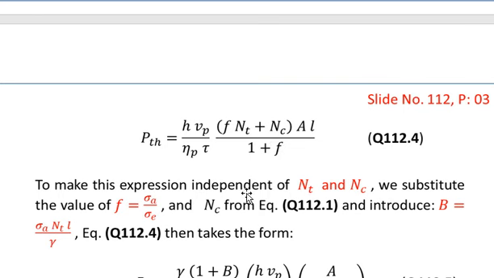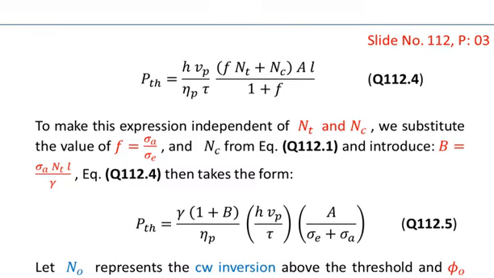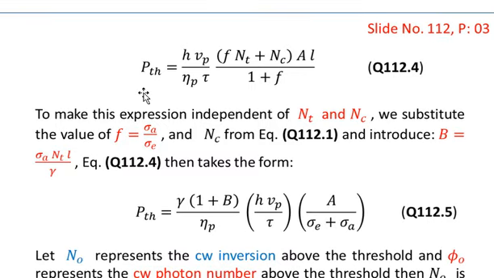To make this expression independent of Nt and Nc, we substitute the values: F is equal to sigma A over sigma E, Nc from equation number 1, and B is equal to sigma A times Nt times L over gamma.